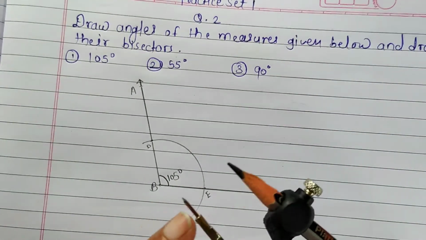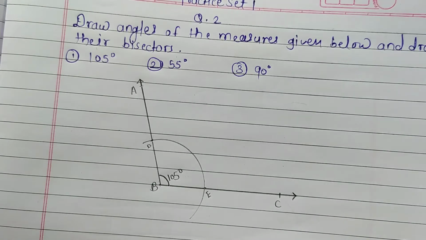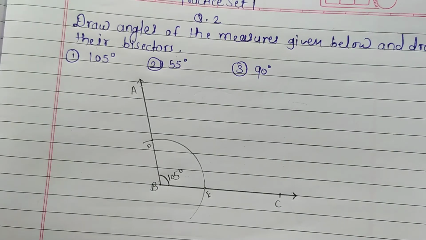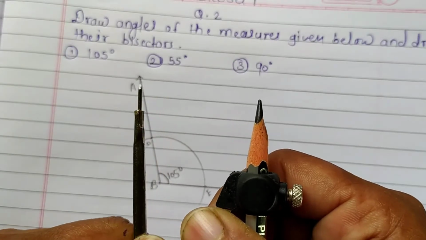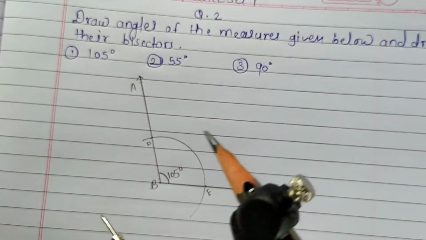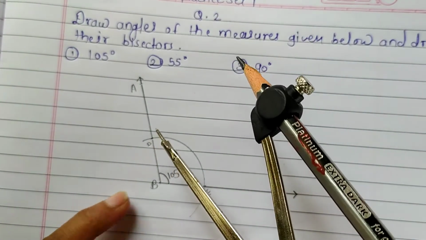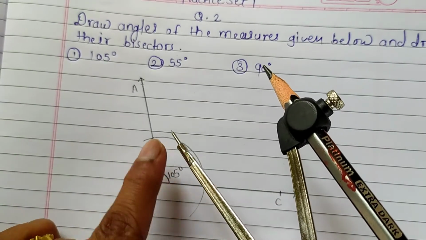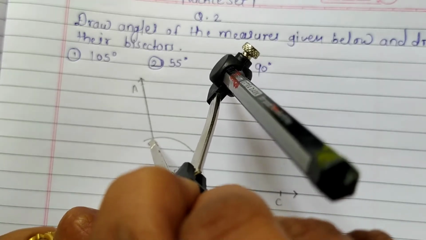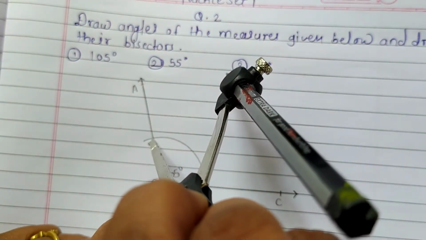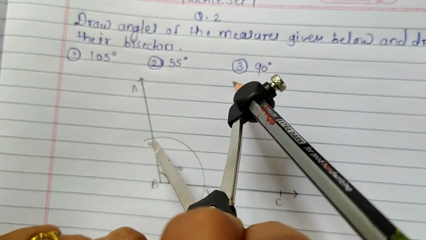Now again, taking the convenient distance into compass, we are going to place the metal point of compass on point D like this, and we are going to draw an arc inside the angle.